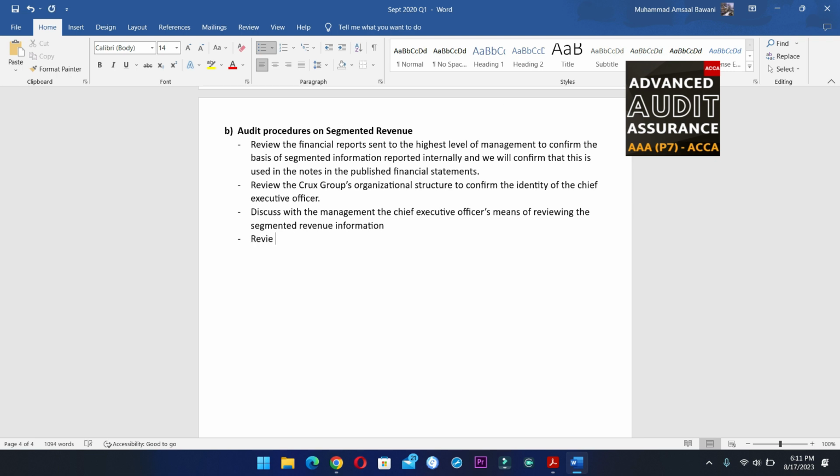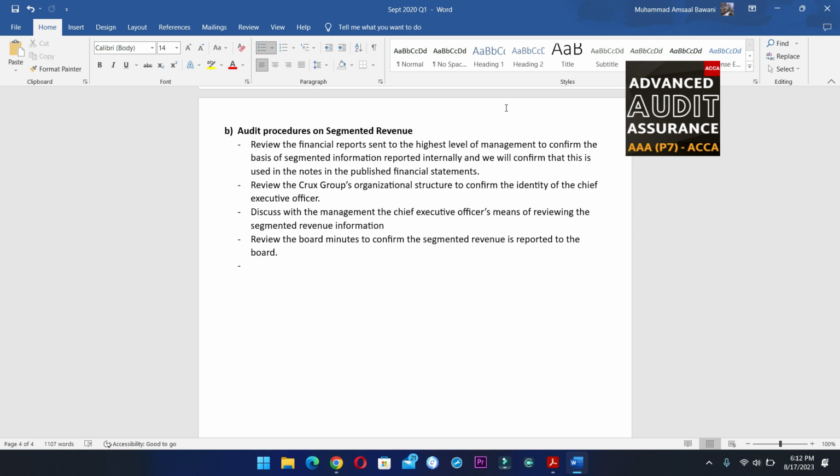So we will write: review the board minutes to confirm the segmented revenue is reported to the board, right? So we have drafted 4 procedure points up till now.